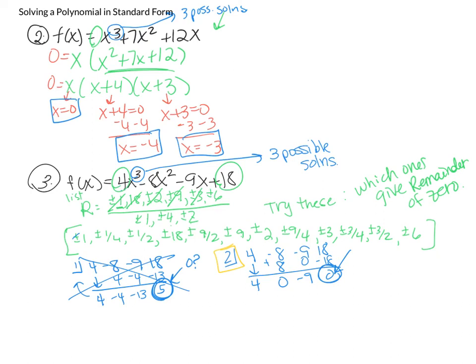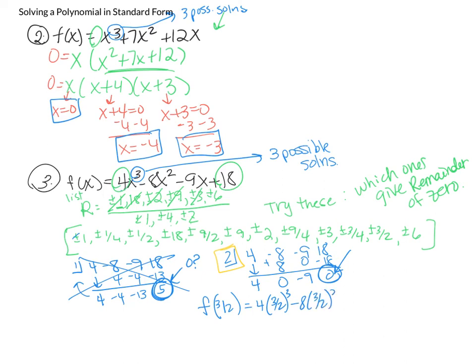All right, so let's say that we also tried, and this time we got tired of synthetic division, so we wanted to plug in a number. Let's say that we tried 3 halves. Okay, so I'm going to plug in 3 halves. Right now we're using that idea of my remainder rule that says I can either do synthetic division or I can evaluate.